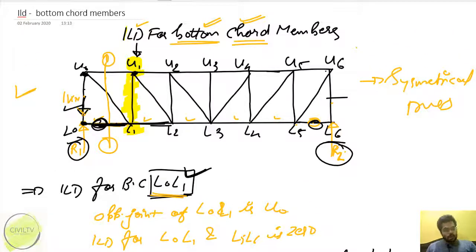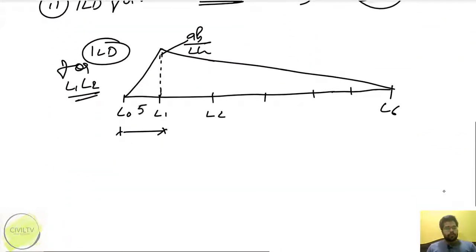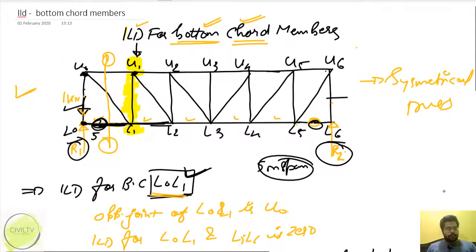For suppose this is 5 meters, each span is 5 meters, 5 meter span, okay. Suppose each span is 5 meter, so it will be 5, ठीक है. And how many panels are there? 1 2, okay, 1 2 3 4 5 6, okay. So total length is 30 meters.